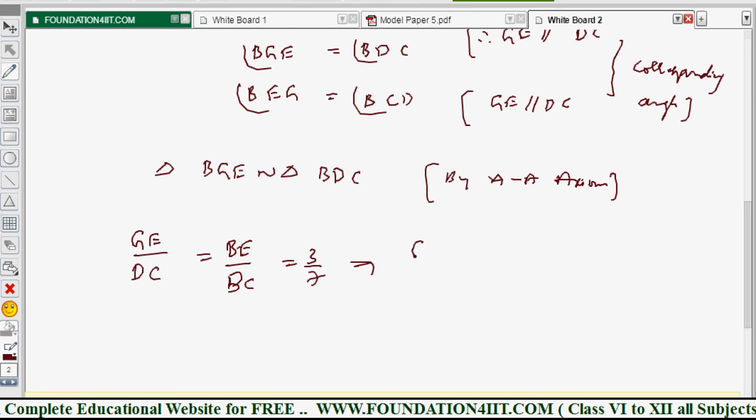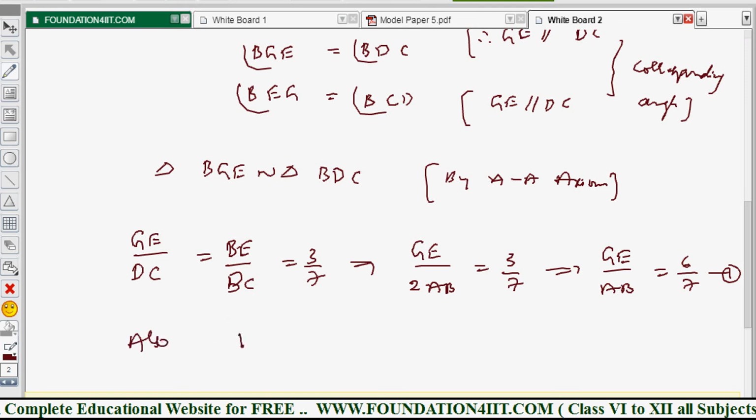So GE by 2 times AB is 3 by 7, because DC is given as 2AB. Then GE by AB is equal to 6 by 7. Let this be one equation. Also, from the previous, AF by DF is 3 by 4 and DF by DA is 4 by 7, by adding both.